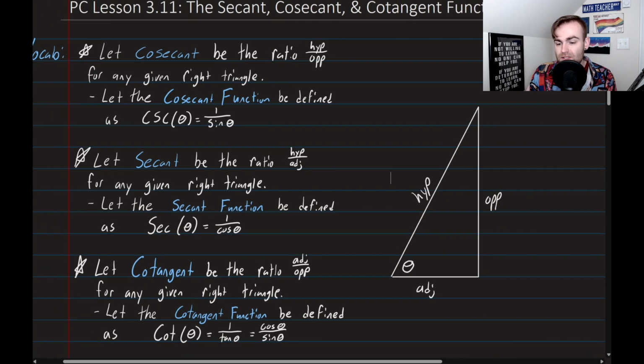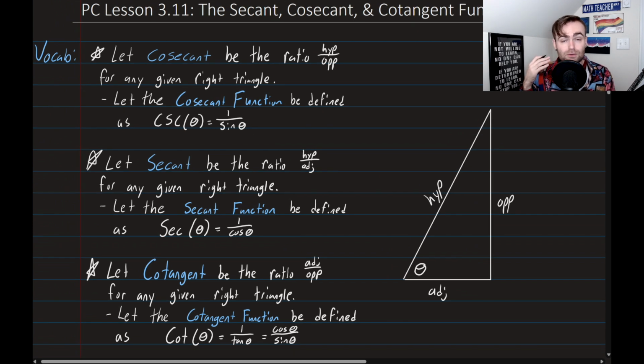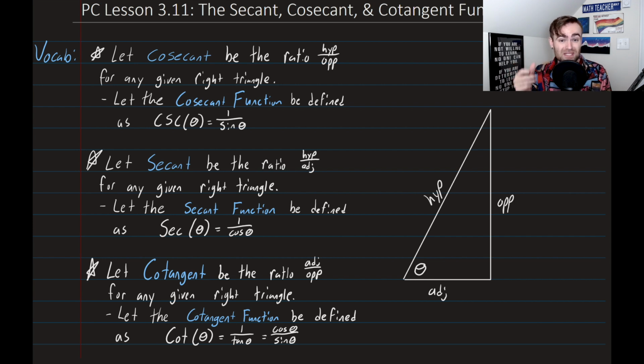So let's start off with some vocab and treating these as ratios in right triangles. We have opposite over hypotenuse is sine, adjacent over hypotenuse is cosine, and opposite over adjacent is tangent. What happens if we flip those ratios, if we take the reciprocals? Instead we have hypotenuse over opposite, hypotenuse over adjacent, and then adjacent over opposite.